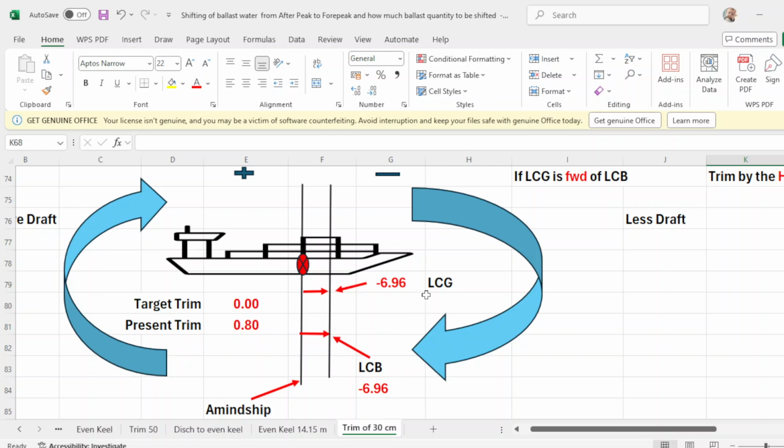So your LCB of negative 6.9 will also be the same as your LCG, in a vertical line. That's what it meant. Okay, I hope that's clear.